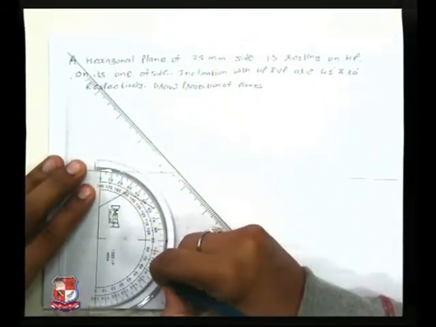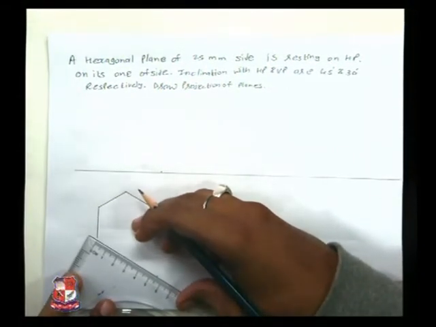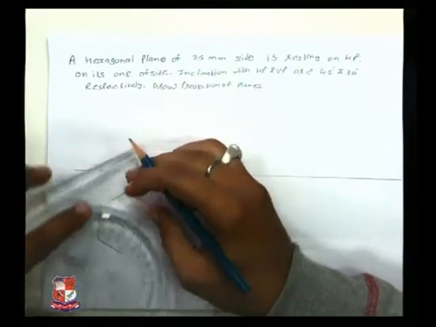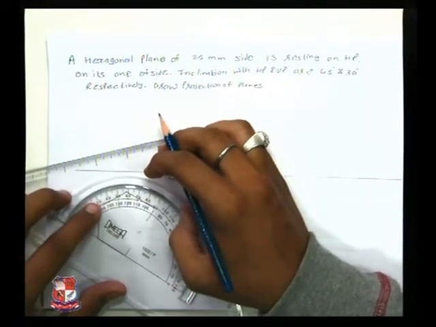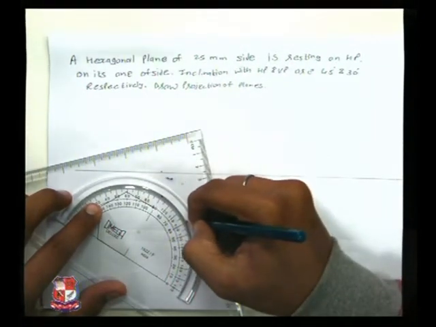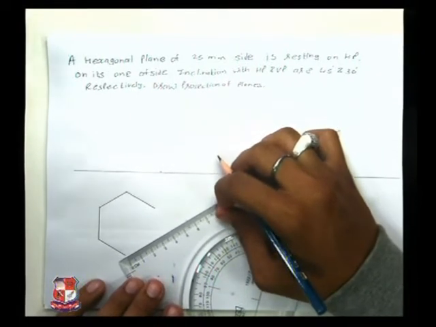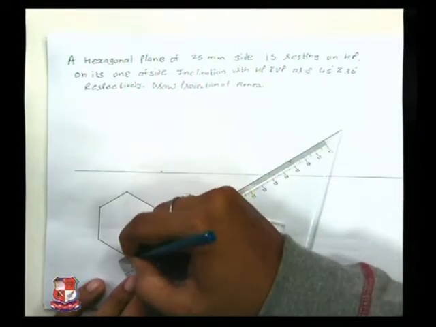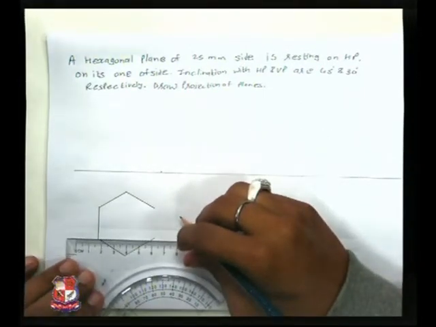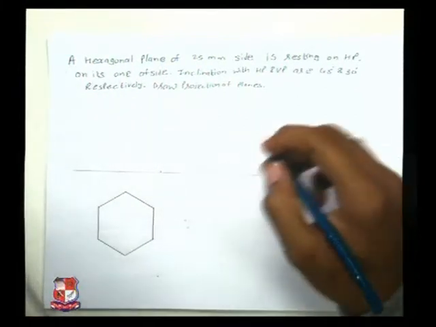I am just taking down the 120 degrees and drawing the line of 25 mm. Six sides can be obtained directly.